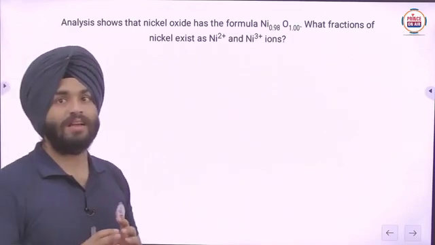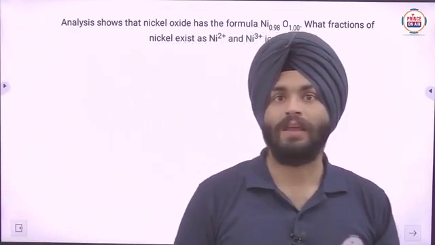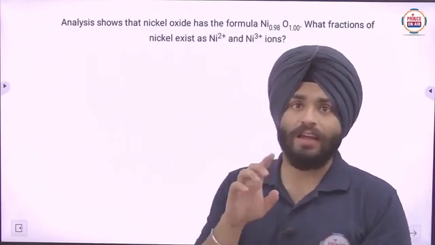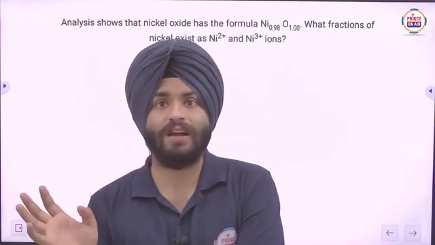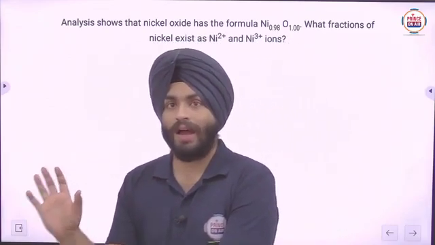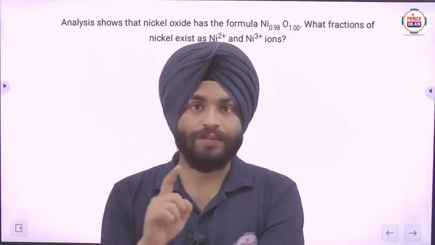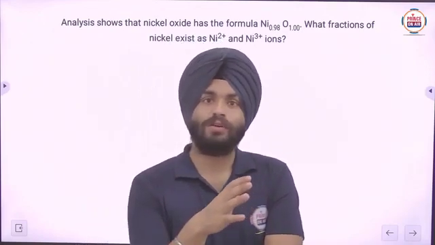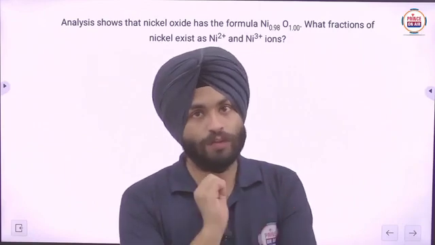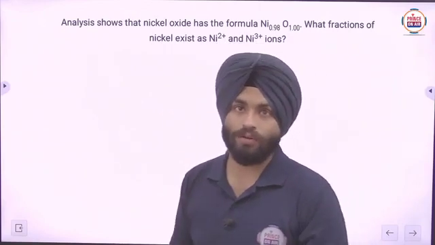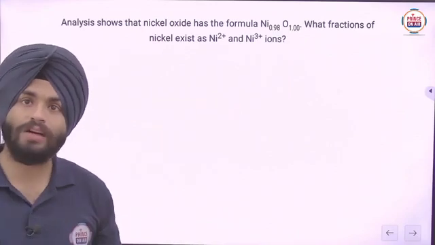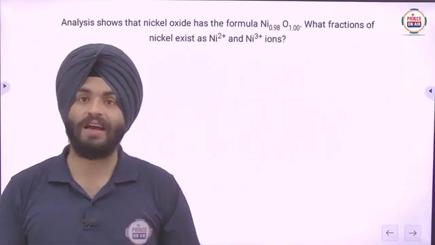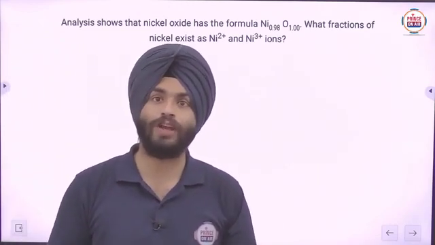You can see that is the ratio of nickel and oxide ions. 0.98 means if there are 100 oxide ions, there will be 98 nickel ions present, and among these there will be some Ni2+ ions and some Ni3+ ions. So we have to calculate the fractions of Ni2+ and Ni3+ ions.